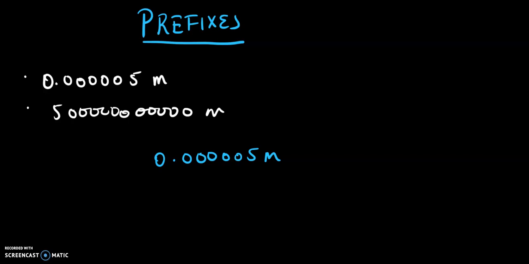So if we want to express this in standard index form, we are going to want to express it in terms of a number that's between 1 and 10 and multiply that by a factor of 10. So let's see which factor of 10 we can multiply with.